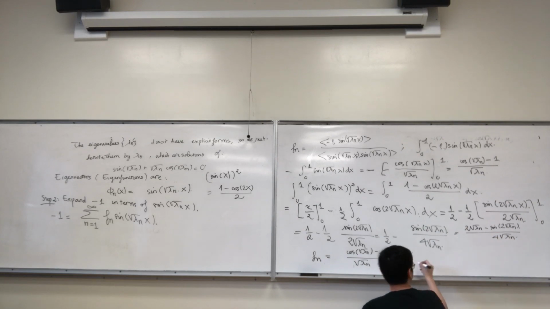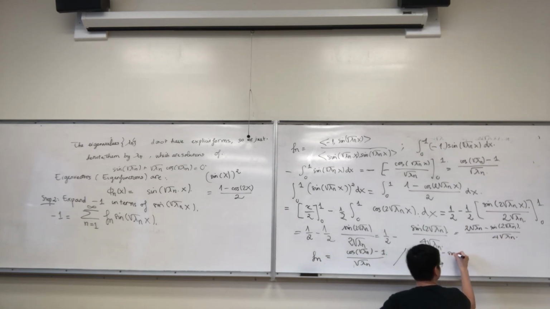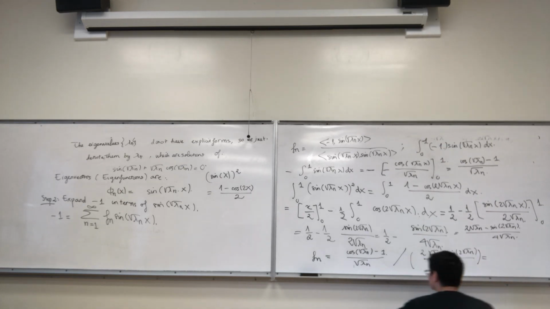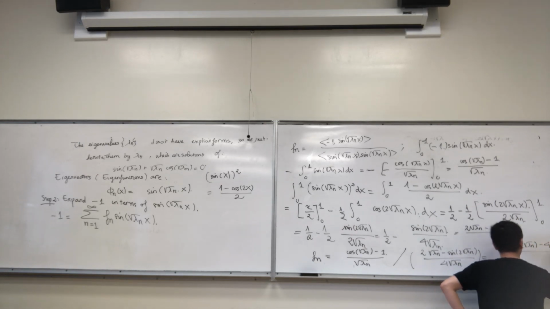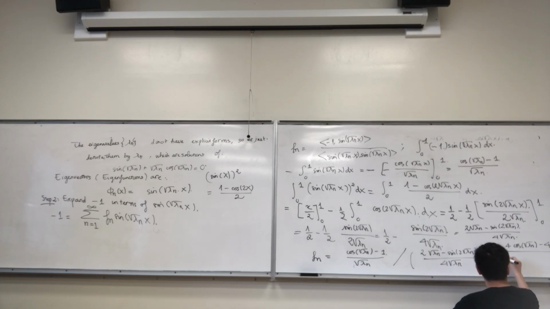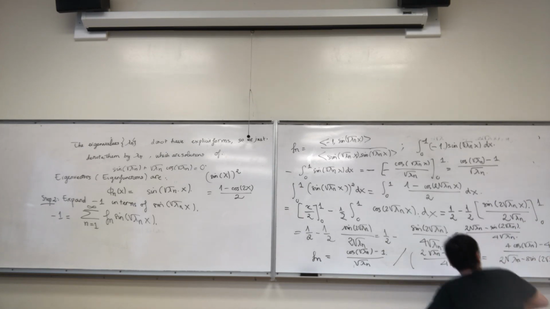So this gives 4 times cosine of square root of lambda n minus 4, divided by 2 square root of lambda n minus sine of 2 square root of lambda n.